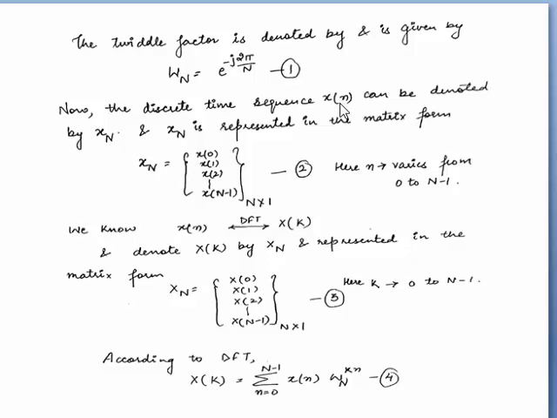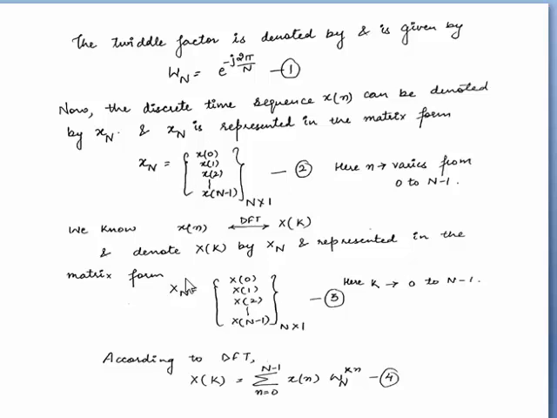So x base N in matrix form is equal to x of 0, x of 1, x of 2 and so on up to x of N minus 1. Here we have N rows, 0 to N minus 1, and 1 column. That is equation number 2.